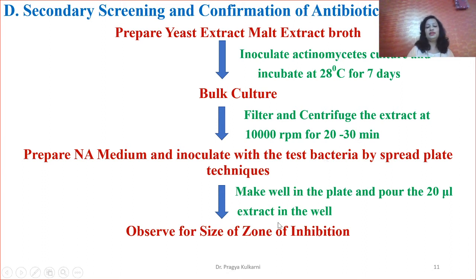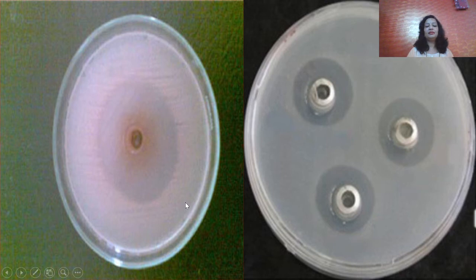Accordingly, after this step, the growth is inhibited, and due to this inhibition, a zone of inhibition is observed around the well. These are the plates. A single well is cut and the extract is poured in this. This is normal bacterial growth, and this is the zone of inhibition, due to the antibiotic extract added in this well.